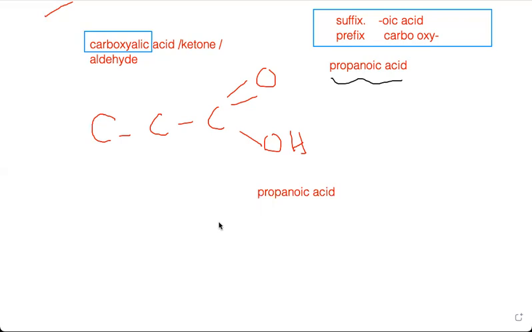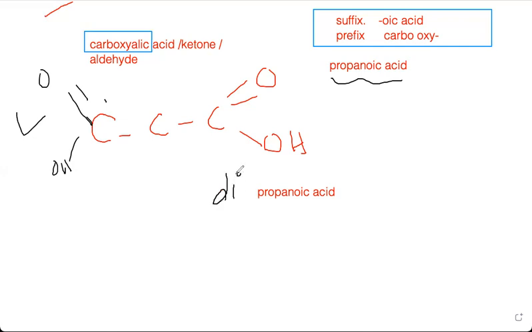So this carbon could be the first carbon, and if you're making your carboxylic acid at this side of the chain, I can still call this the first carbon, and this is propanoic acid. So in these types of cases, you don't have to mention numbers. But if you mention the number, that is not wrong either. But there is no need of mentioning the number. What is this now?